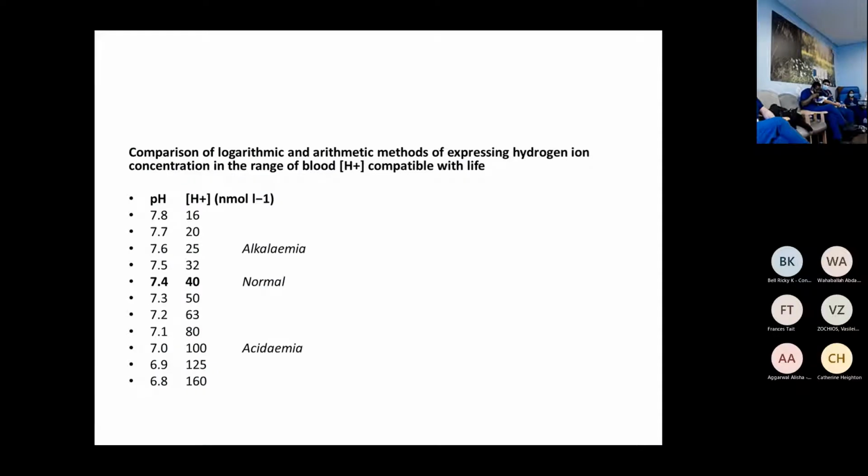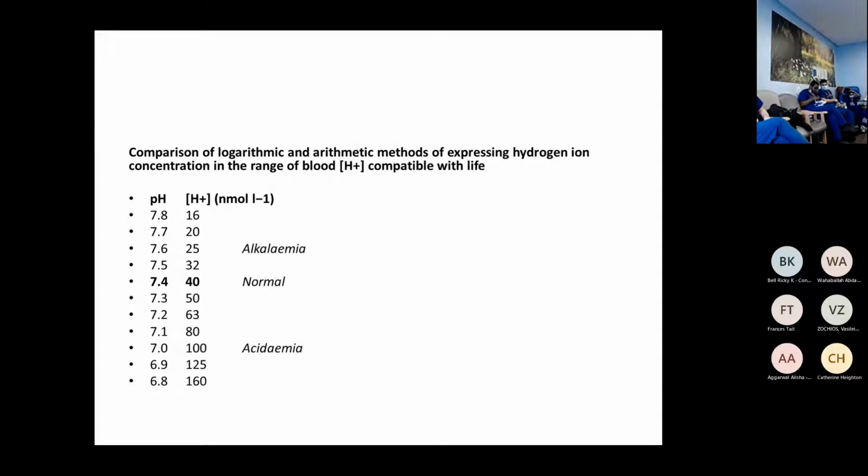So mathematically, pH, as we know, is the negative log to the base 10 of the hydrogen ion concentration. And I don't honestly know why we don't talk about nanomoles. It just makes a lot more sense. But what's striking about that relationship is the amount of change in concentration of hydrogen ions.